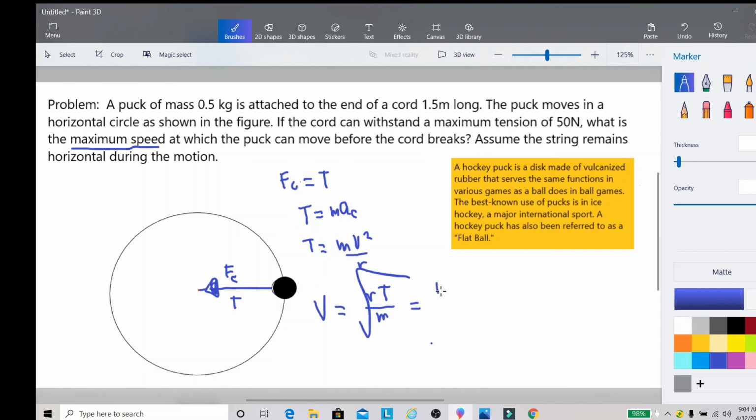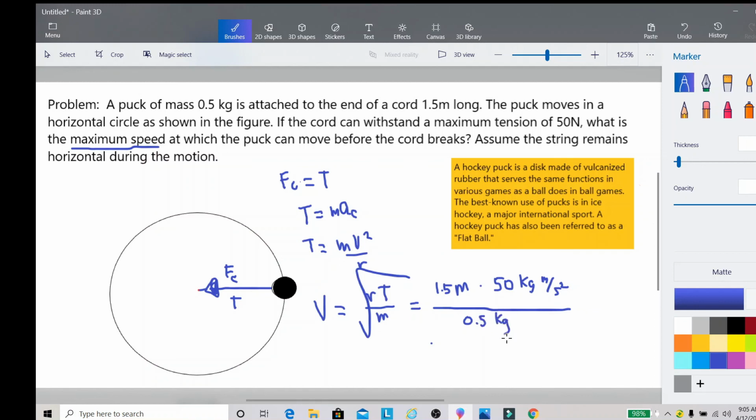So what is our r? r is equal to 1.5 meters. And what is our T? T is given to be 50 newtons. Multiply that by 50 newtons. But what is a newton? Kilogram meter per second squared. Divide that by the mass, which is 0.5 kilograms.